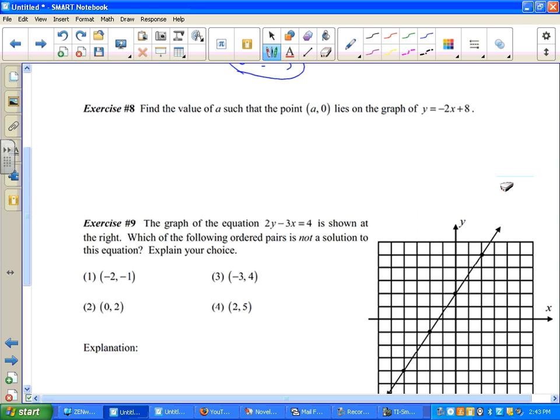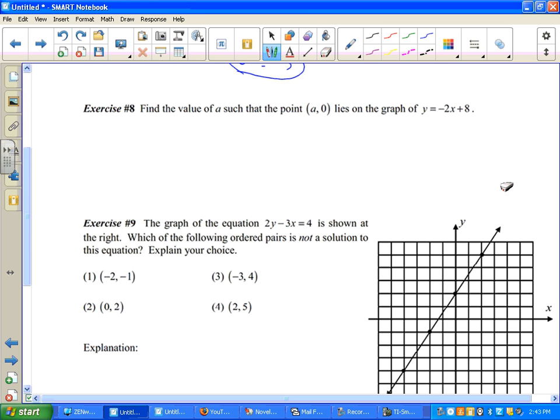Okay. The question is, find the value of a such that the point a comma 0 lies on the graph of y equals negative 2x plus 8.